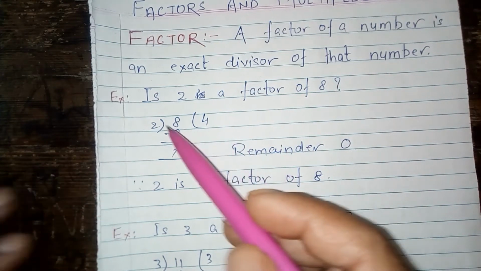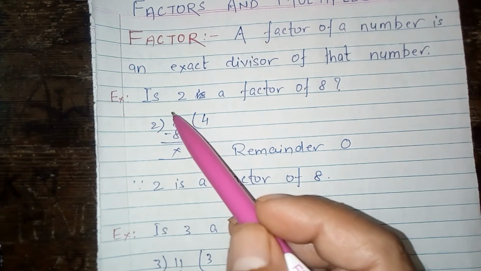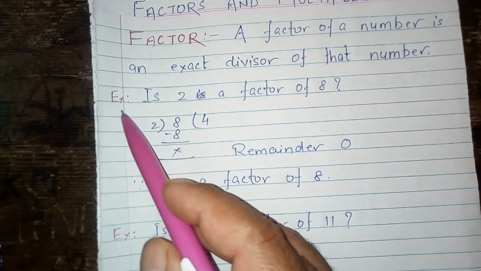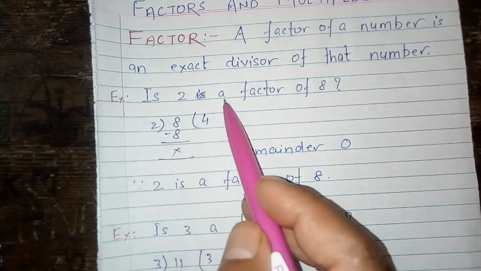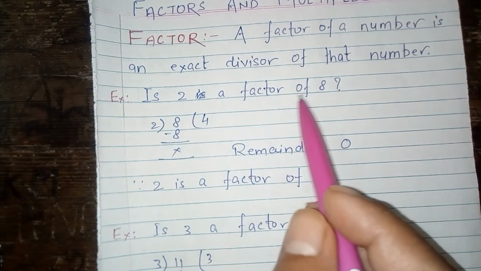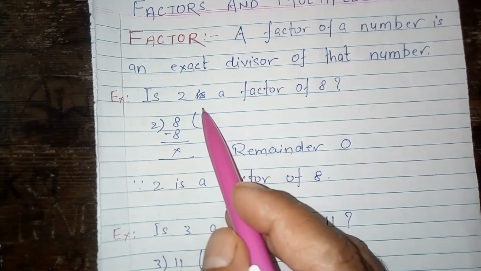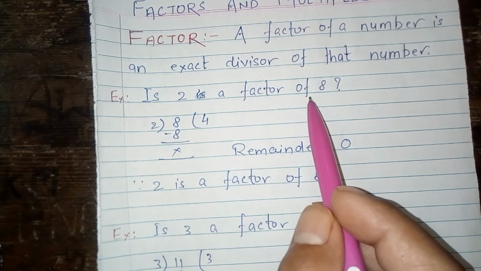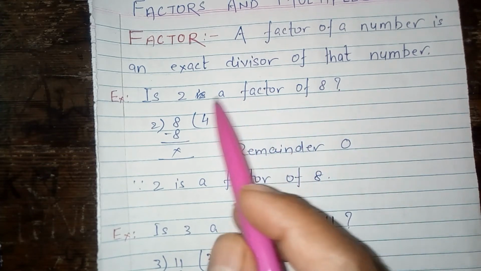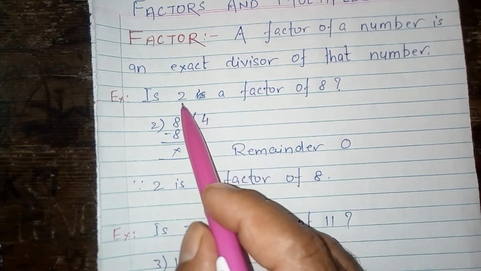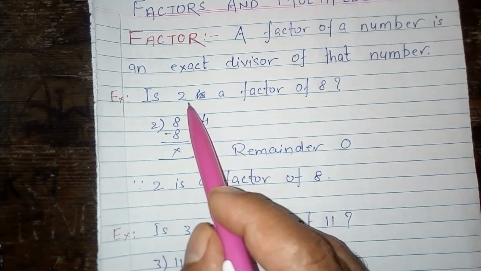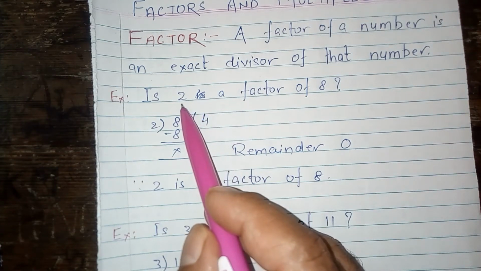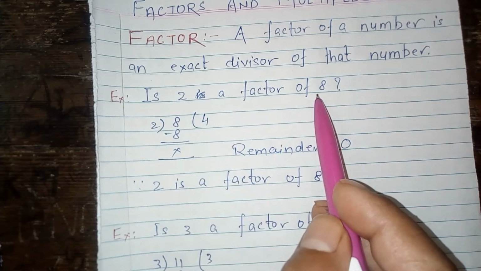I want to give two examples for explanation of factor. Your first example: is 2 a factor of 8? In this question you will find whether 2 is a factor of 8 or not. There are two numbers, 2 and 8. 2 is the smaller number, 8 is the bigger number.